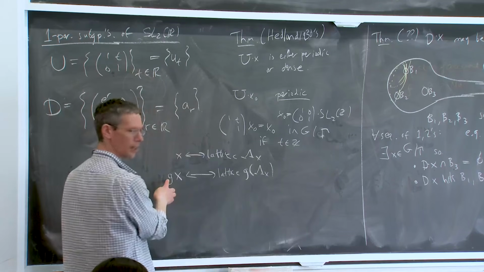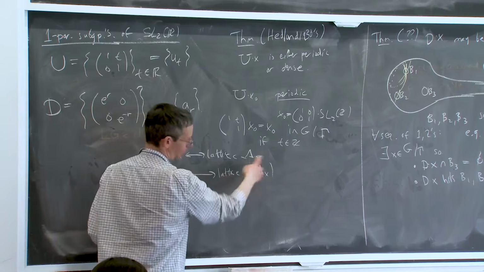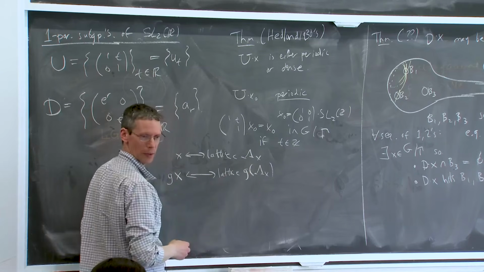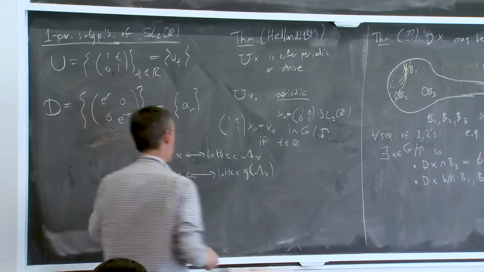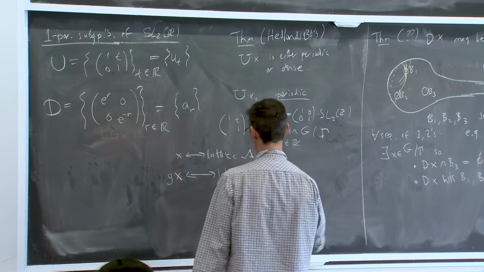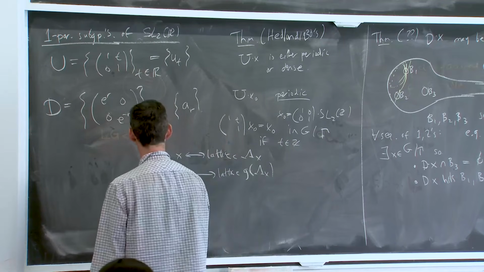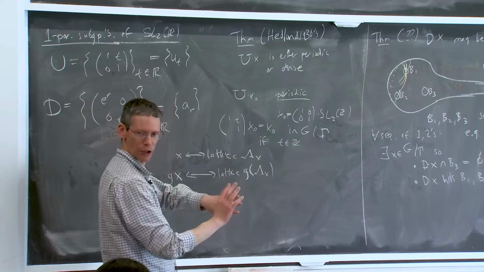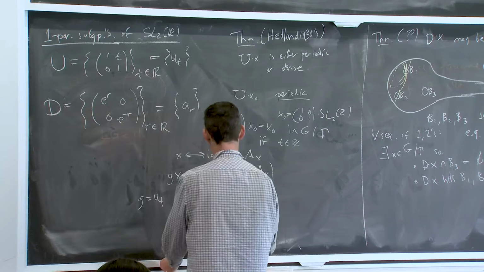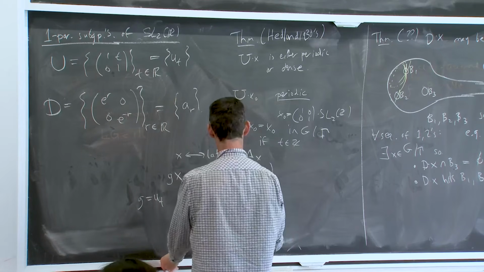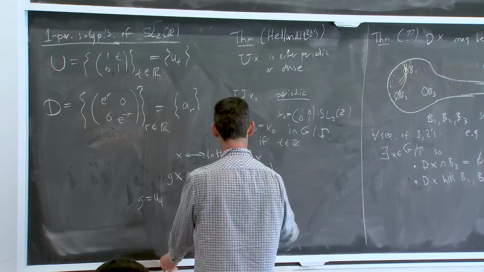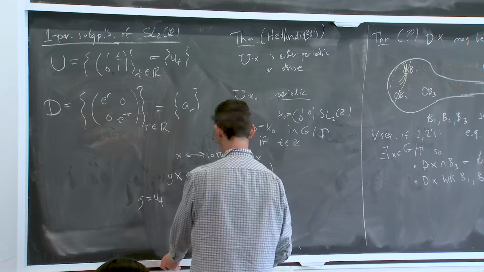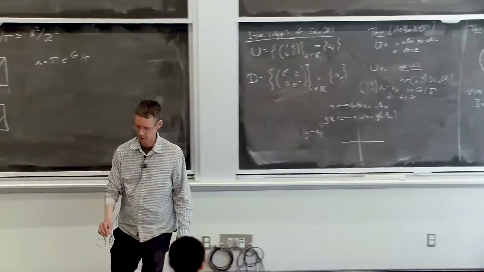So g is in SL2R. It acts on R2. It moves a lattice to another lattice. And that's what the action is. Now g is going to be ut, and the way ut acts on R2 is by shearing.